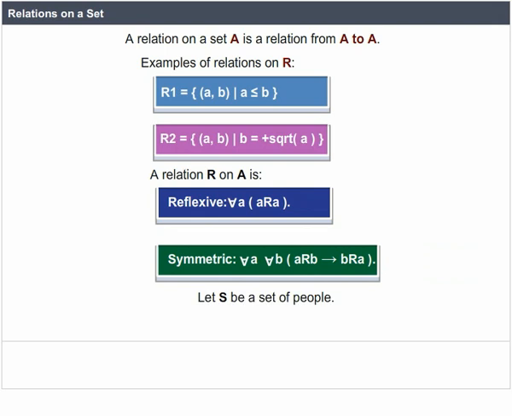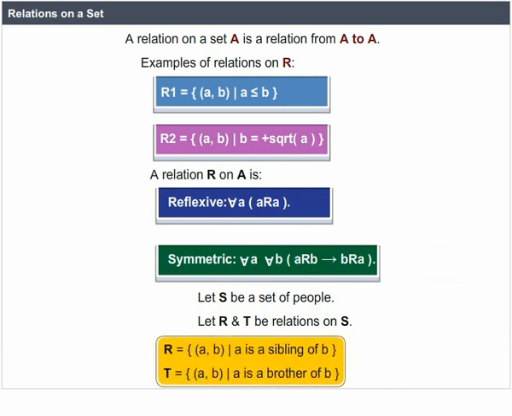Let S be a set of people. Let R and T be relations on S. R equals the set of (a, b) such that a is a sibling of b. T equals the set of (a, b) such that a is a brother of b.